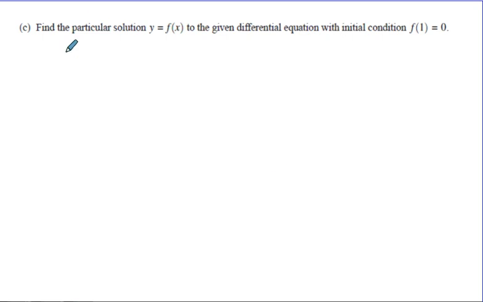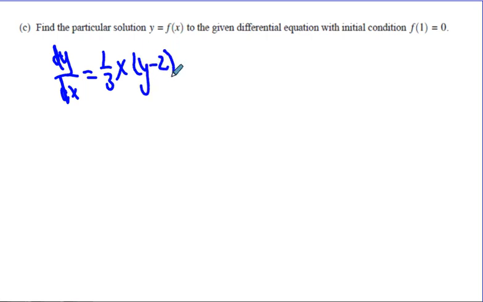So remember our differential equation was dy over dx equals 1/3 x times (y minus 2) squared. Now, when we solve a differential equation, remember we want our x's on one side and our y's on the other.